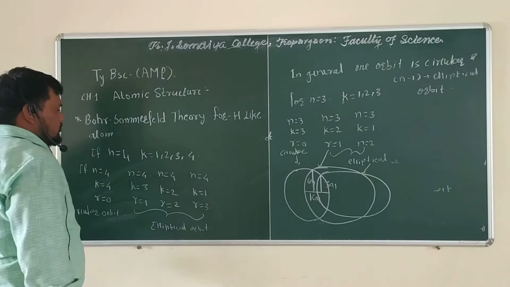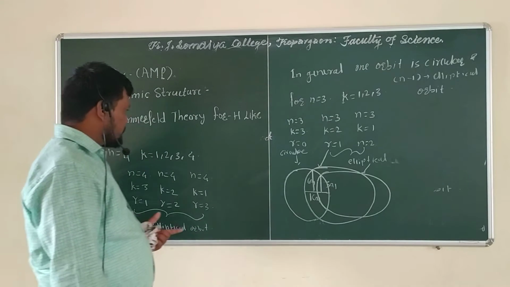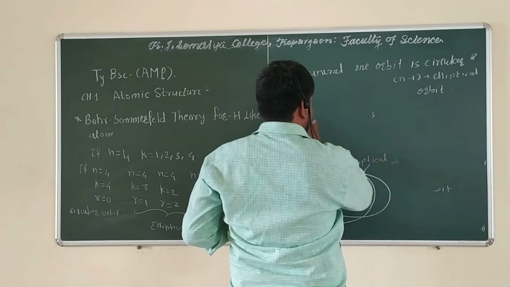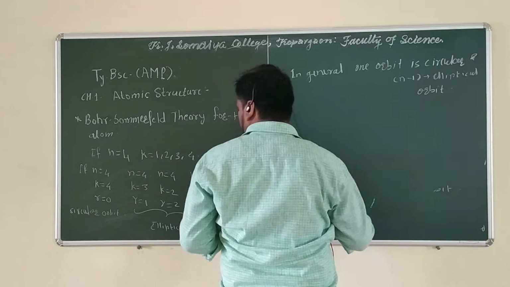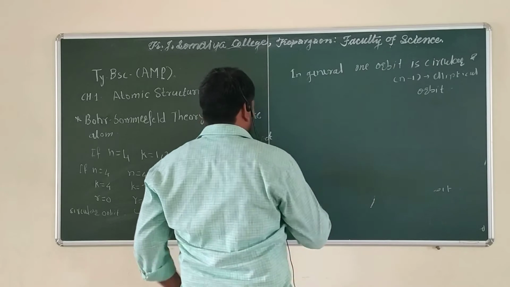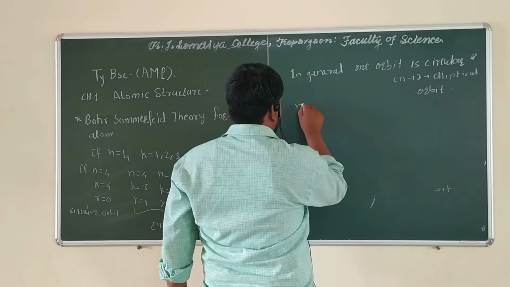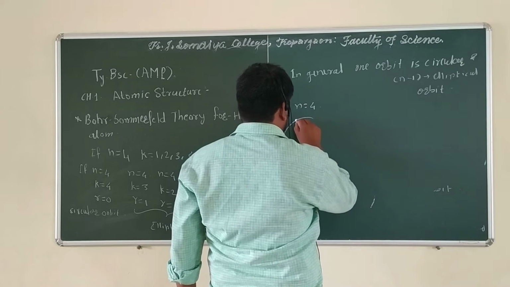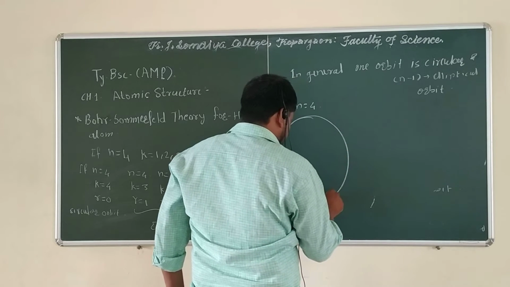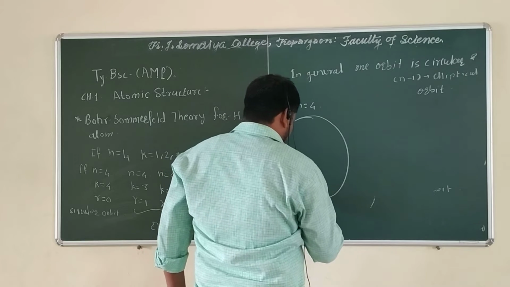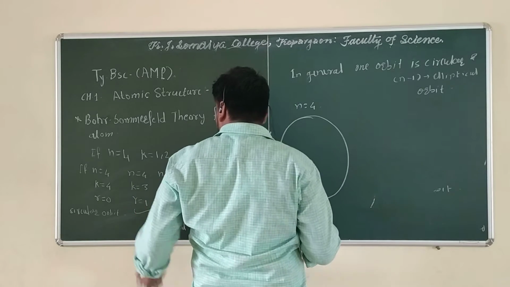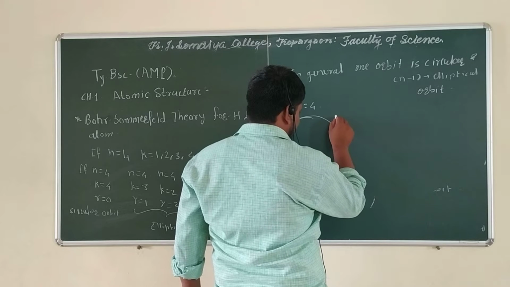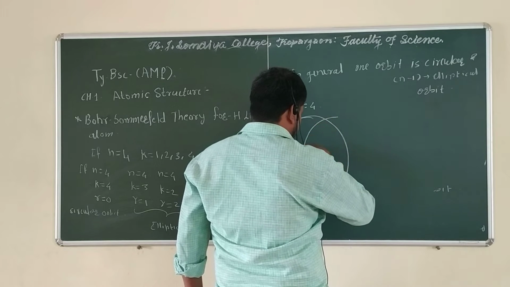See here the shape of the orbit for n equal to 4, k equal to 4 and r equal to 0. This is considered the circular orbit shape. And if n is equal to 4, k is equal to 3, r is equal to 1, then your orbit is given as an elliptical shape.